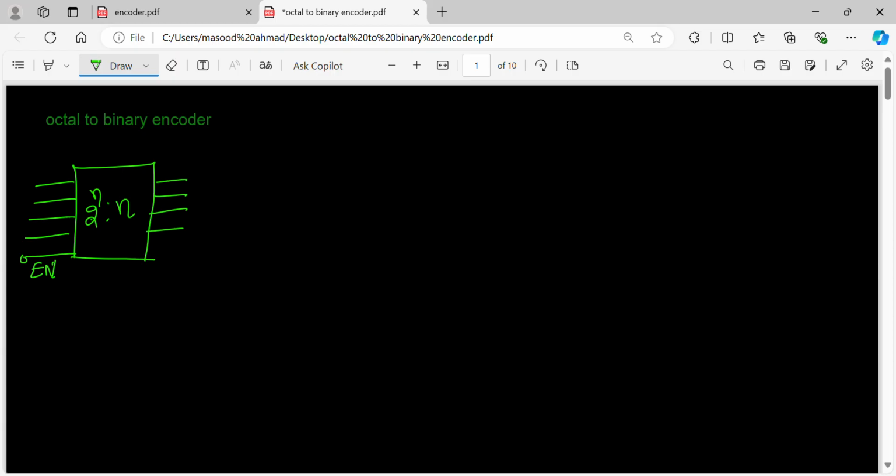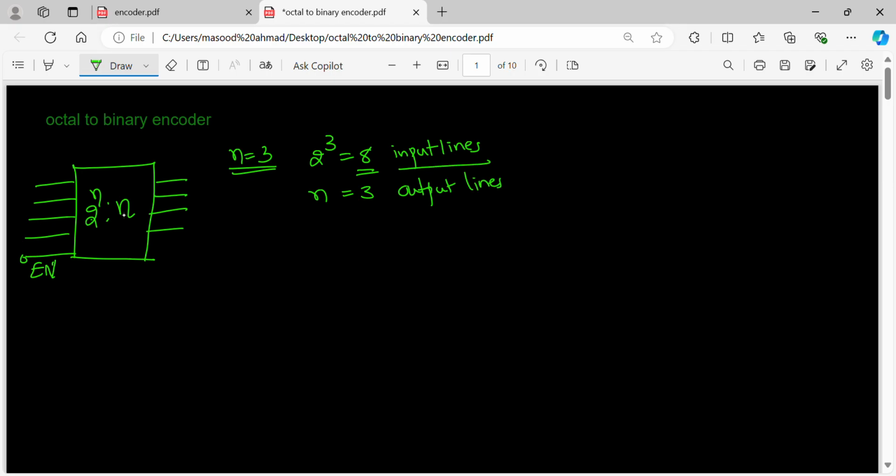Now we are looking at a special case, when n is equal to 3. When n is equal to 3, 2 power 3 is 8, so these are 8 input lines, and n output lines, because n is equal to 3, 3 output lines.